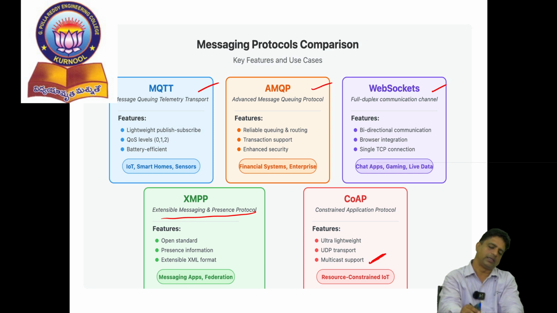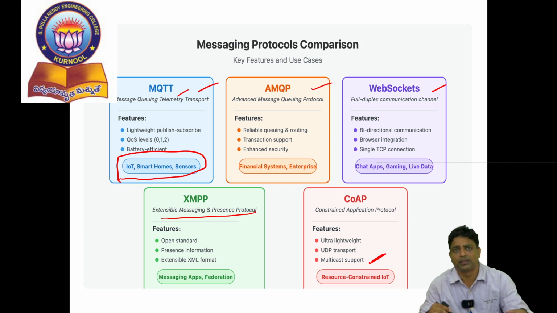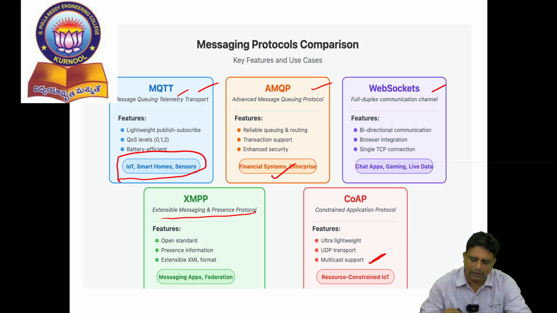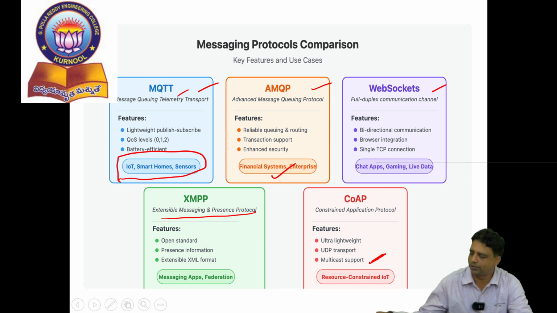For MQTT, basic and standard IoT applications, smart home, smart automation, smart office, smart agriculture, industrial level, we can go for MQTT. For long arrangements which are happening at web services, we are going to prefer AMQP, advanced message queuing protocol. This is the other end from the gateway to cloud.